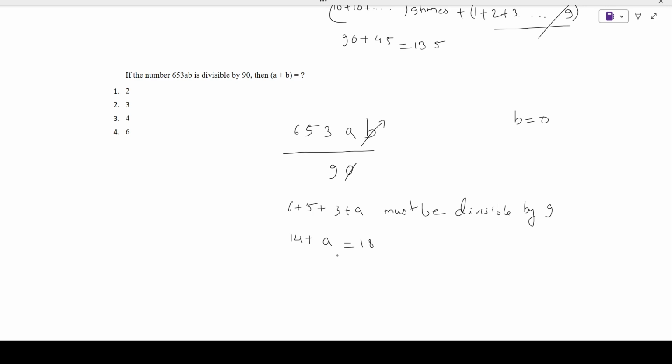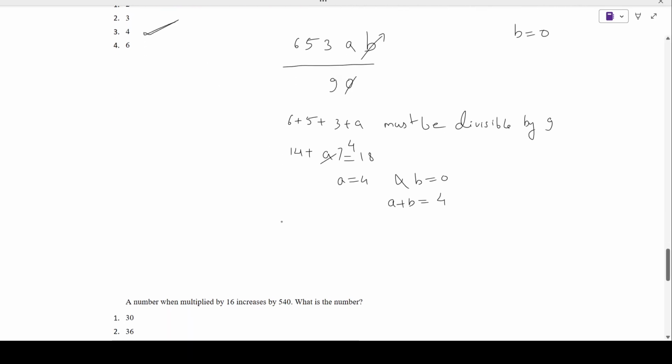So the value of a will be 4. So a is equal to 4 and b is equal to 0. a plus b is equal to 4. So the correct option will be option number 3.